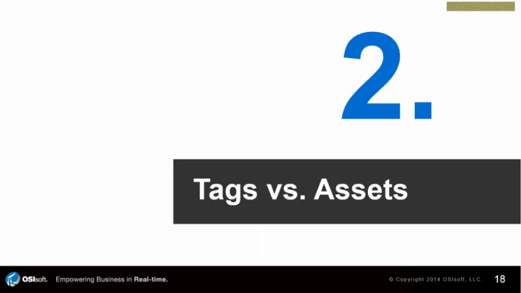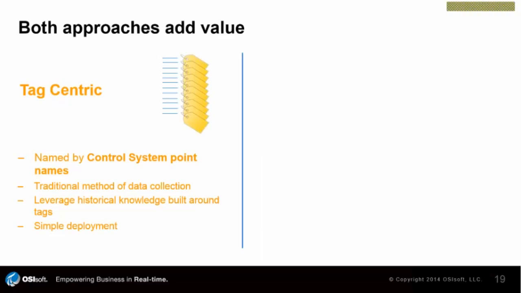So having said that, let's spend a few minutes talking about tags versus assets. So for many of you, you may be experienced in the process industry. You may have started your career working with control systems.